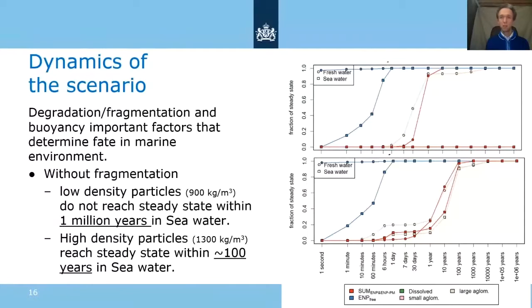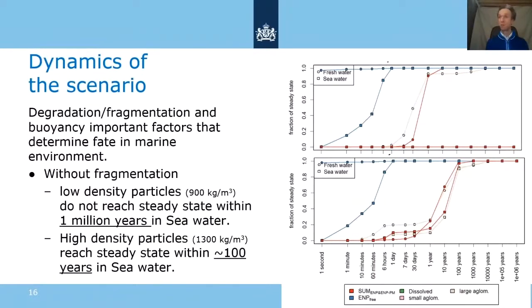Now, what I didn't tell you is the difference between the top and the bottom. The top ones are for microplastics that float, without any degradation processes, or very high degradation processes in seawater. You can see that it takes more than 1 million years to reach this steady state, which is quite weird.